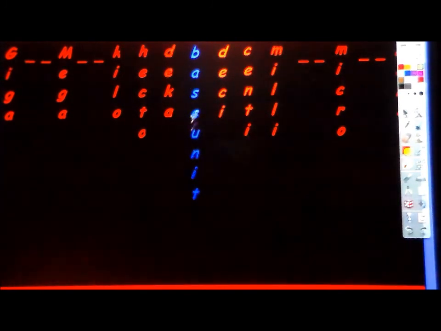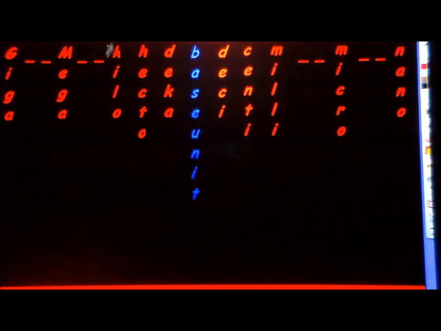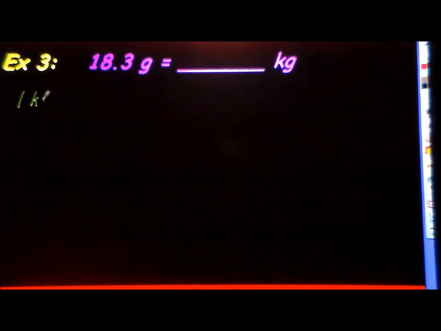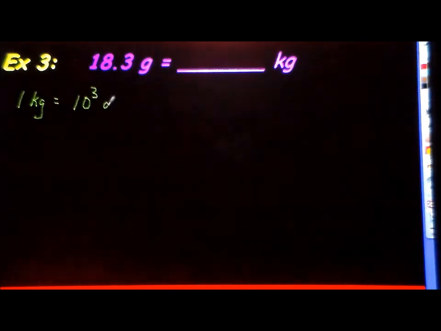We're comparing grams to kilograms, which means this time kilo is going to be the bigger unit. So that means I'm going to do 1 kilogram. It was 3 spaces, so it's still 10 cubed since it was 3 spaces.